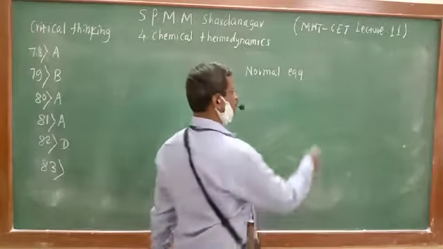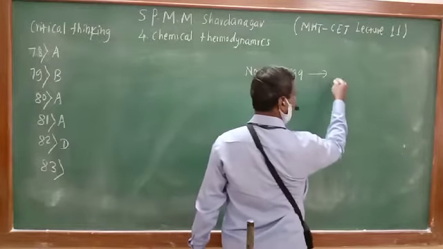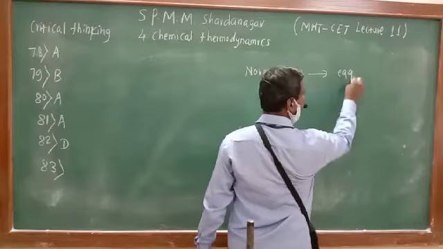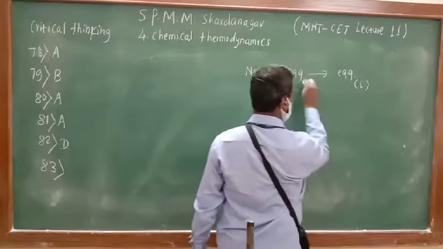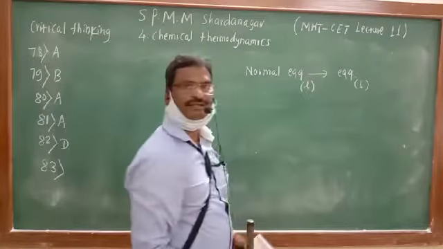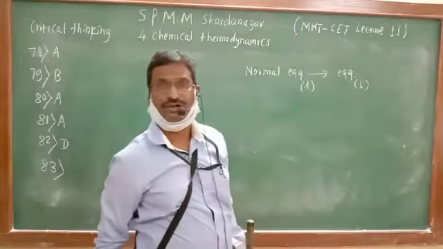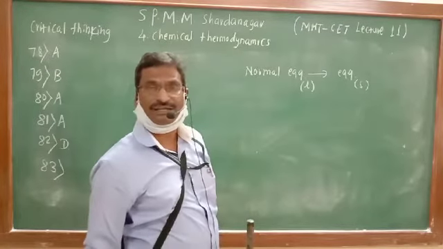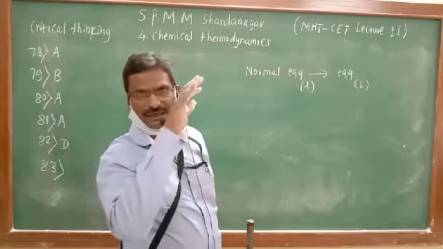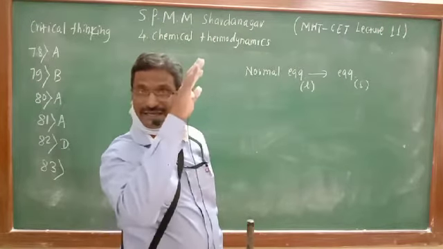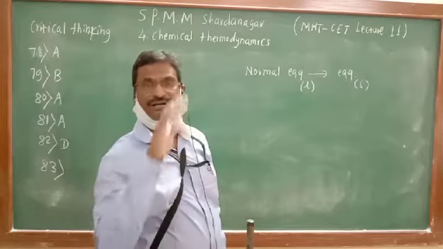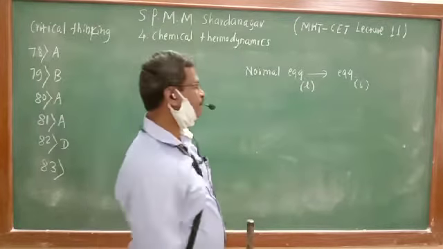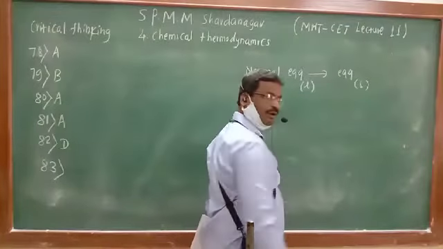Liquid state. Whenever heated or boiled, we get the egg in solid state. Liquid is converted to solid. What is the change in entropy? Does entropy, the disorder, increase or decrease? Entropy decreases. Disorder decreases. Randomness decreases, because liquid is converted to solid.